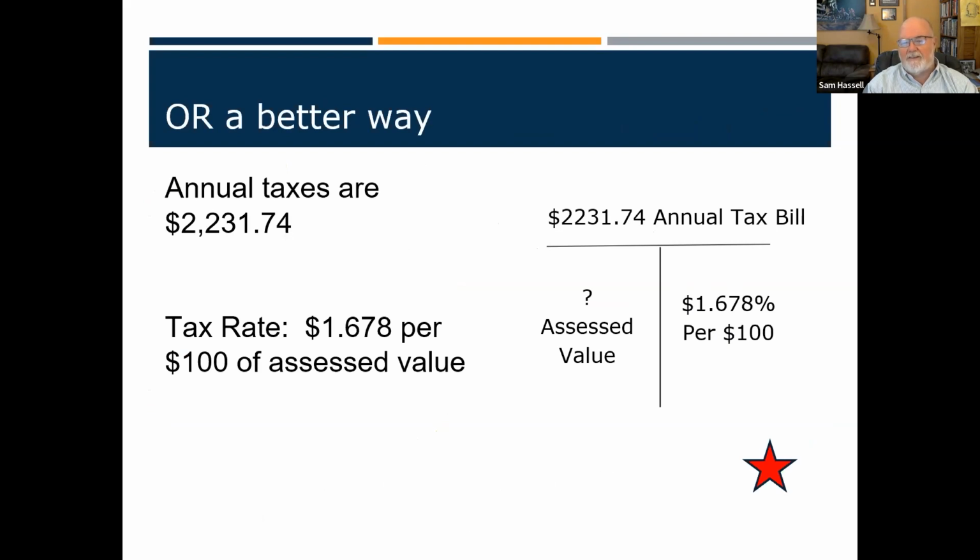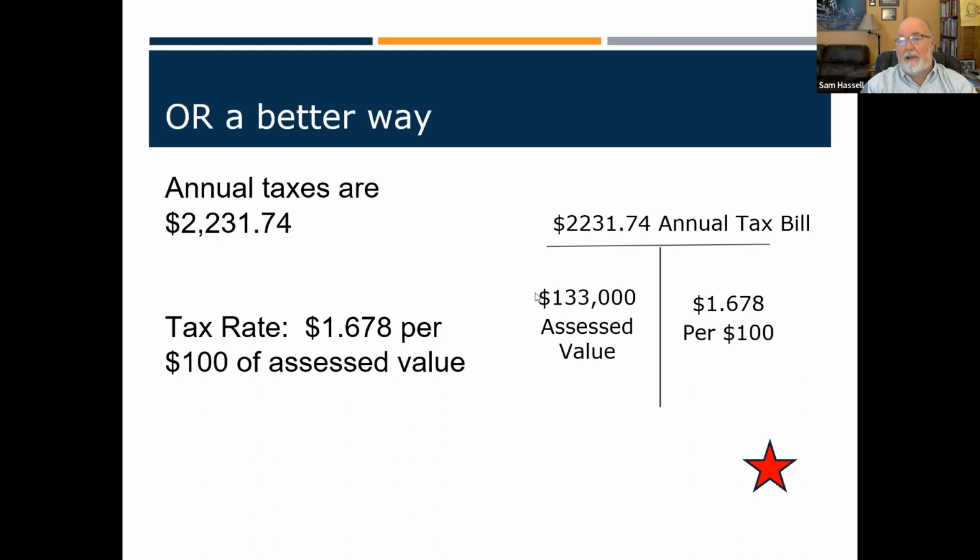If our taxes are $1.678 per 100, and 2,231.74 is our tax bill, somebody do my assessed value. There you go. All we're going to do is divide 2,231.74 by 0.01678, and you're going to come up to your $133,000 assessed value.